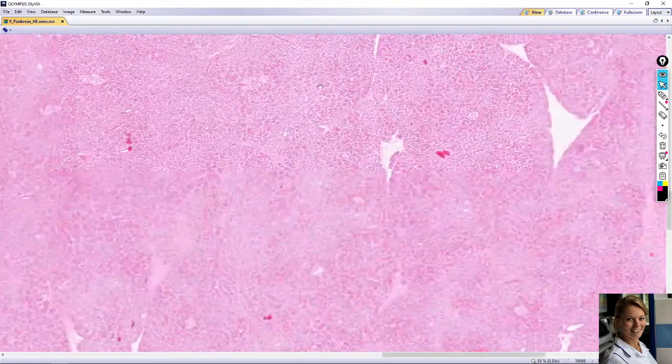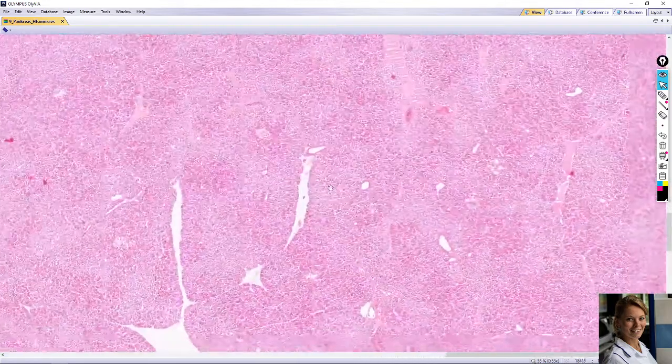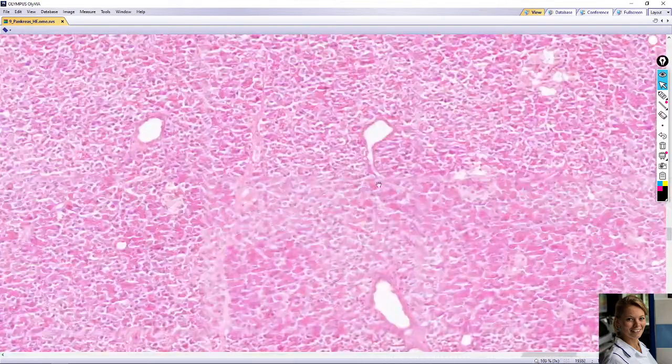I will show you another duct. For example, here is an intralobular duct which is lined with one layer of low cuboidal cells.